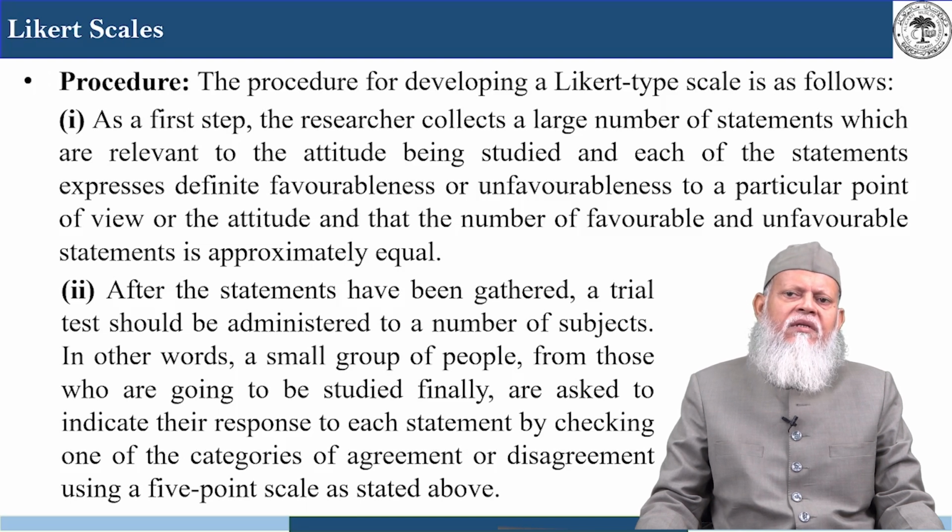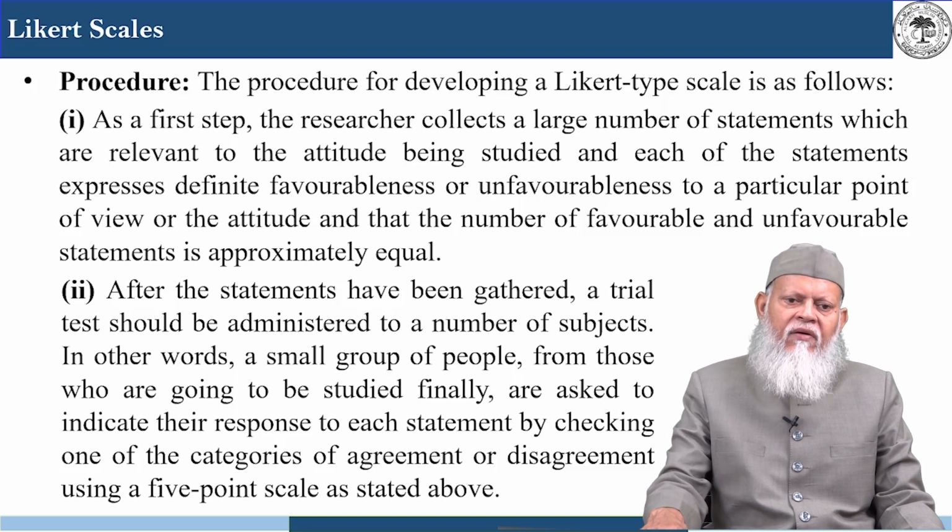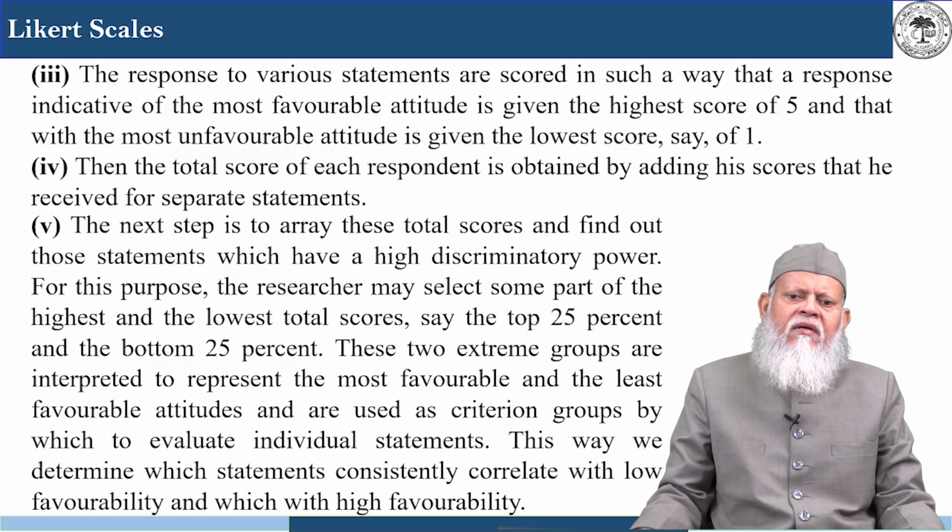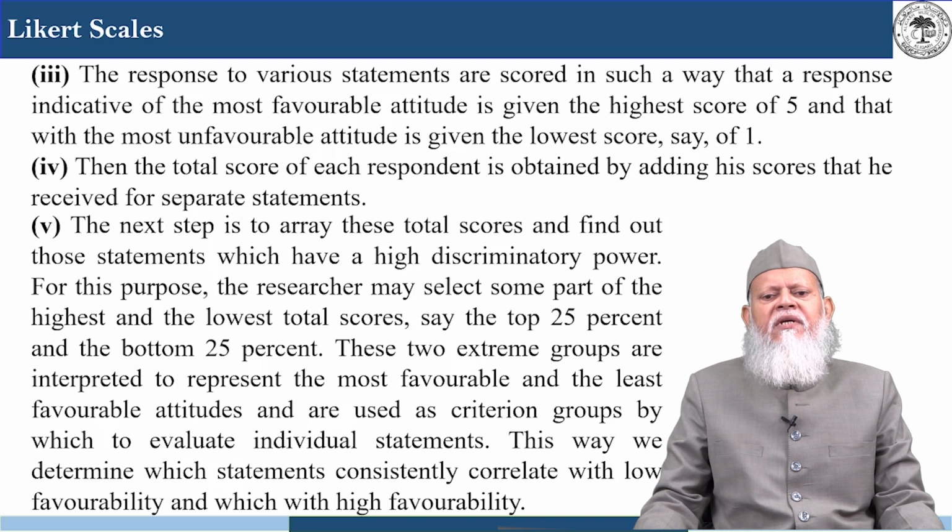That is, doing the study on a small scale to study the viability of our scaling. Then the responses to various statements are scored in such a way that a response indicative of the most favorable attitude in a 5-point scale is given the highest score of 5, and that with the most unfavorable attitude is given the lowest score, that is 1.